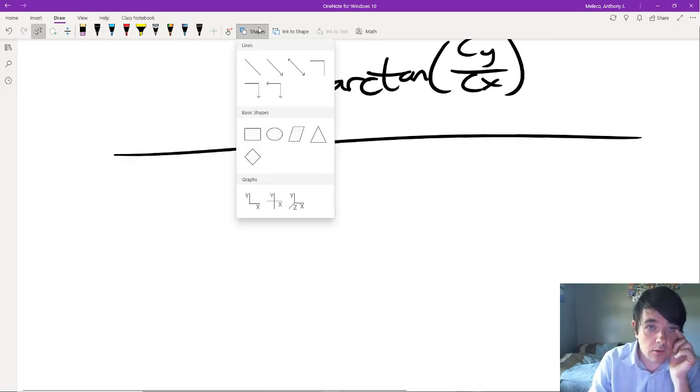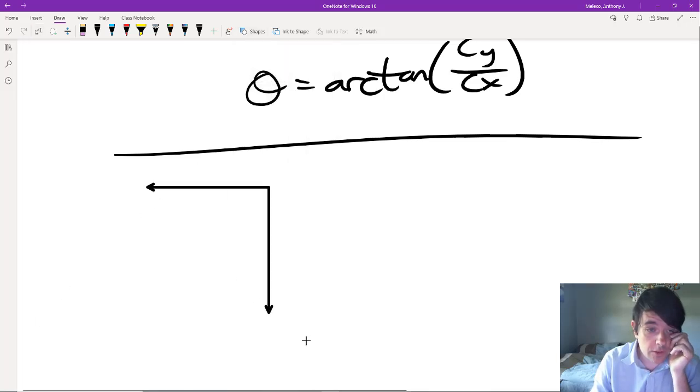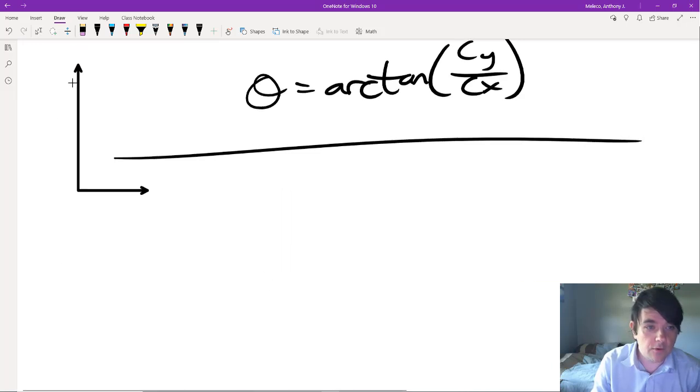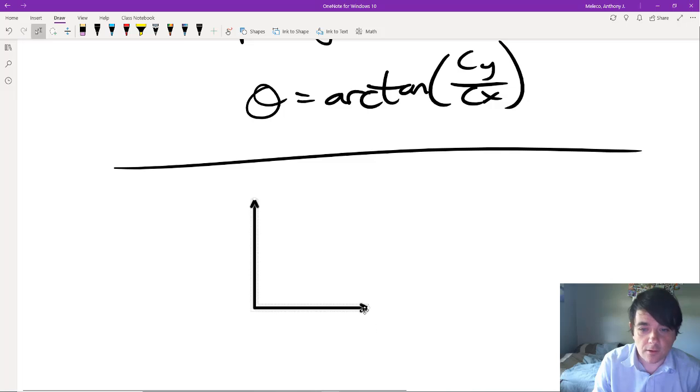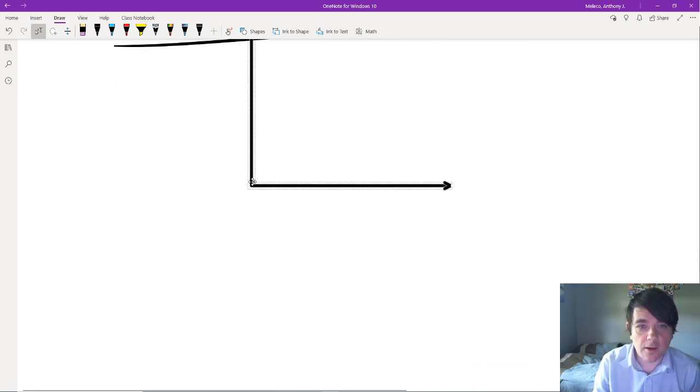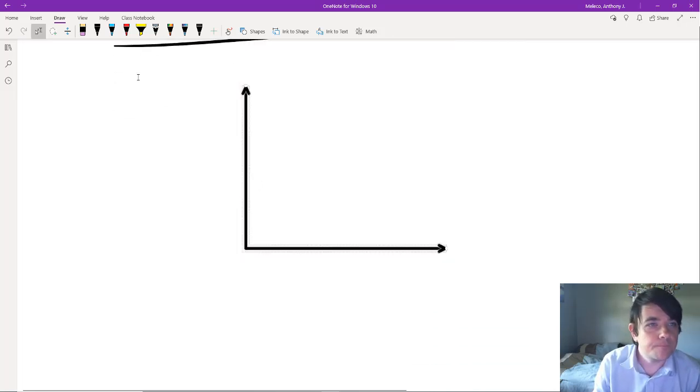Okay, so I'm going to create a coordinate system.